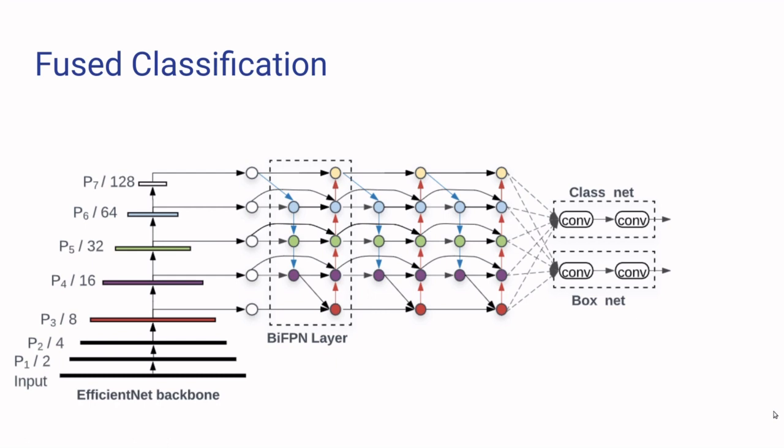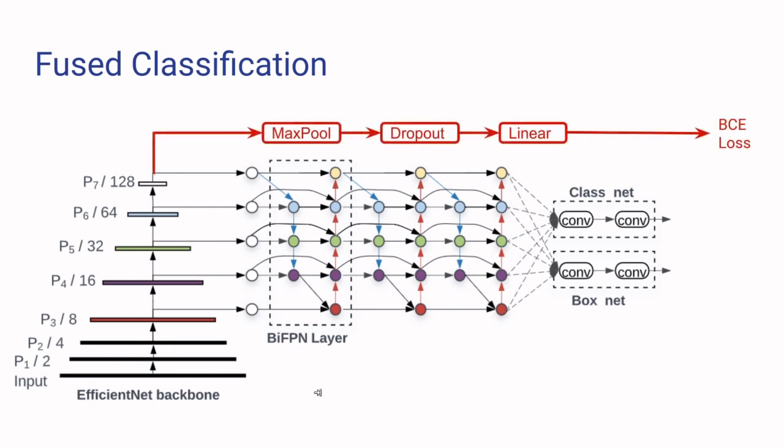First, I introduced a new branch which uses the image level as an optimization target, which takes the highest level output of the backbone, and then goes through max pooling, dropout and a linear layer, which are quite common components used in image classification.